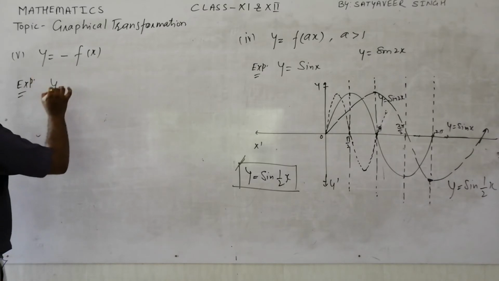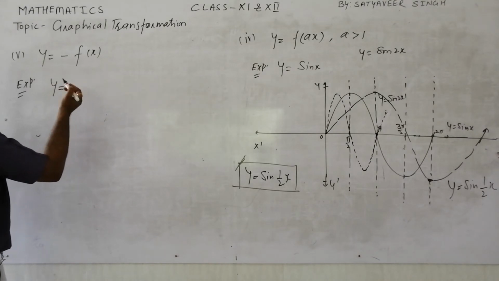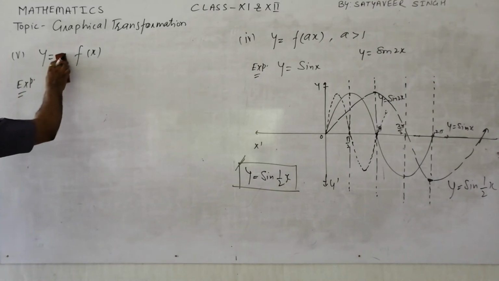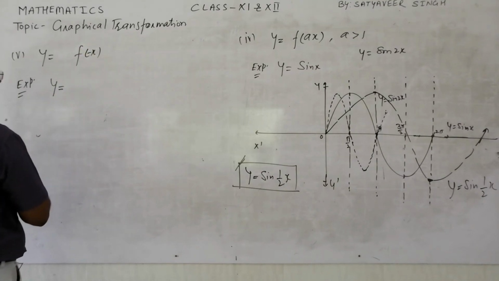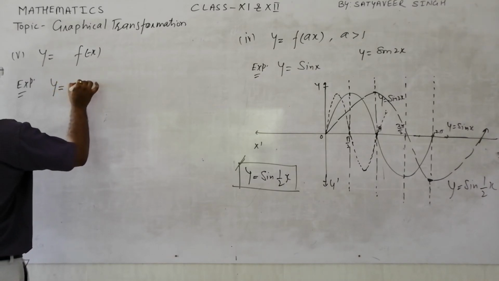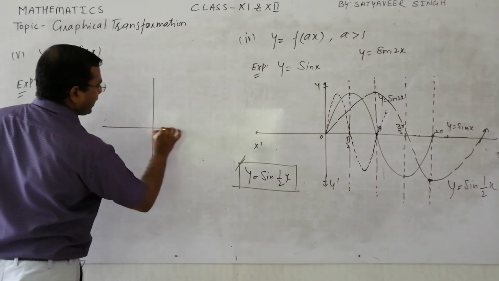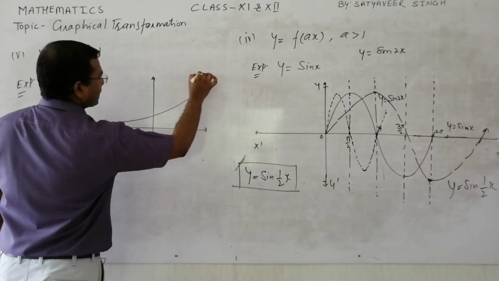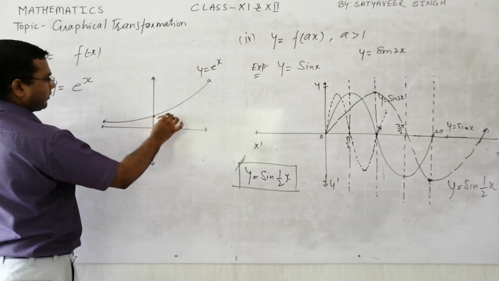Suppose I am taking a function, here I am writing minus x. Let this be the function e raised to x. Everyone familiar with this? So we can easily draw the graph of this function. This is the graph of the function y is equal to e raised to x. This point we can call here it is 0, 1.